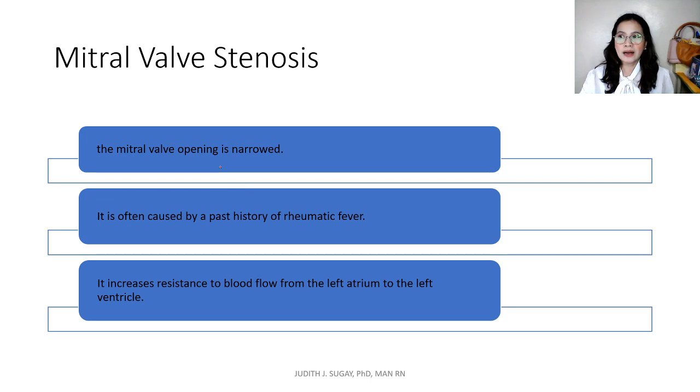So having a narrowed valve opening could be due to a past history of rheumatic fever, and it will increase the resistance to blood flow from the left atrium to the left ventricle. So the heart rate will increase, cardiac output will decrease, and there will be an increase in pulmonary pressure.